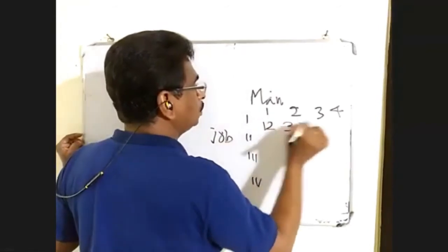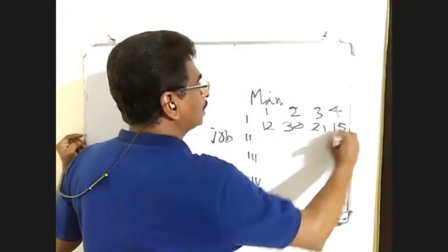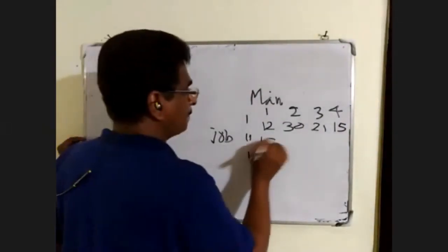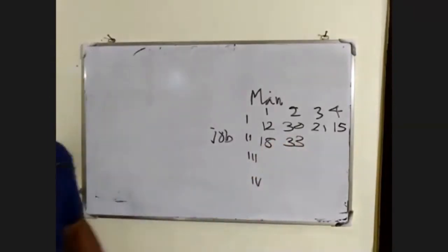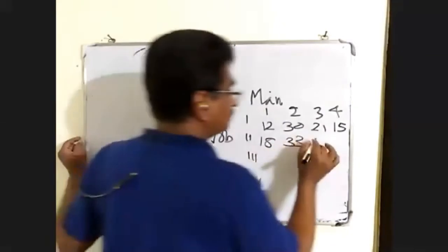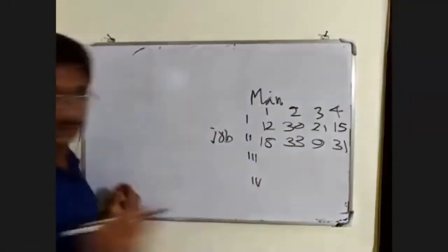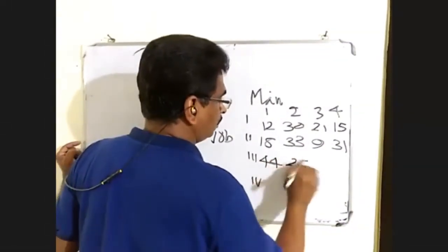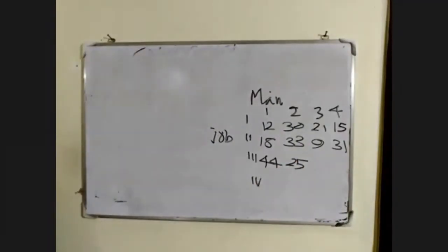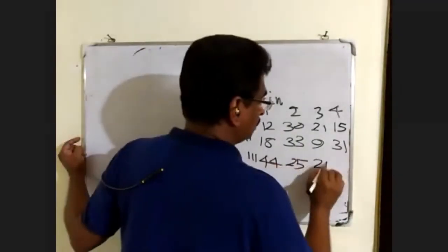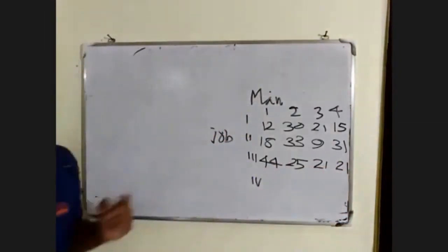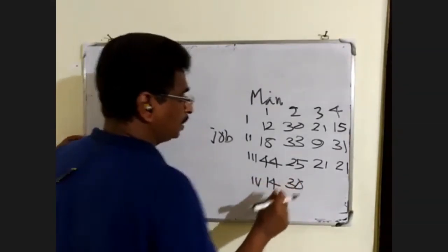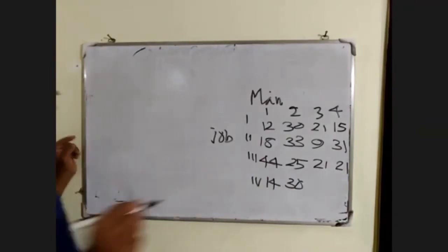Then 18, 33. Then 9, 31. Third: 44, 25, 21, 21. Last: 14, 30, 28, 14.